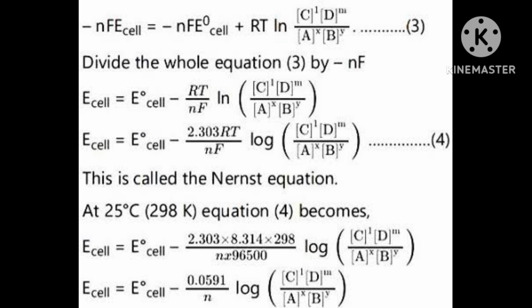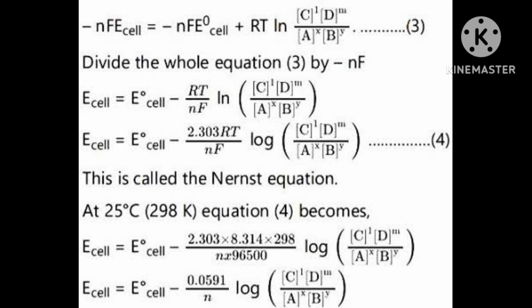Then 0.0591, that value divided by 2. It is 0.0591, not 0.50. It is a smaller value, 0.0591, or 0.059 you can also write.